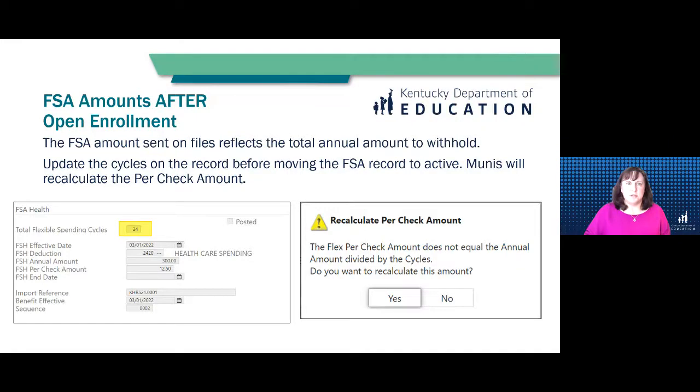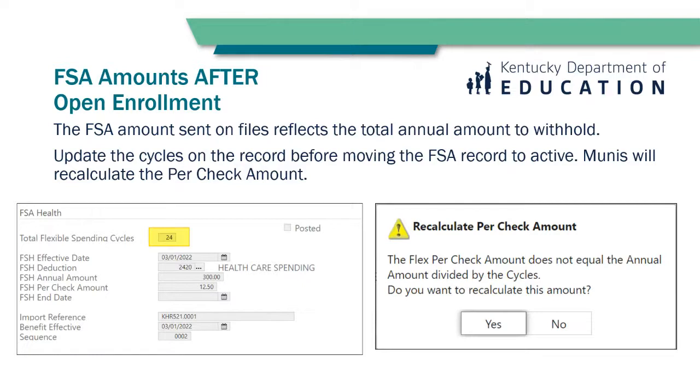There's a setting in the Kentucky Employee Benefits Program where you say how many cycles you have, and when the file comes in, it takes those cycles and divides the annual amount by them and says, this is what the per check amount is. So for open enrollment, that works perfectly, right? Because everybody's starting fresh. But say you have a new hire that starts in March.